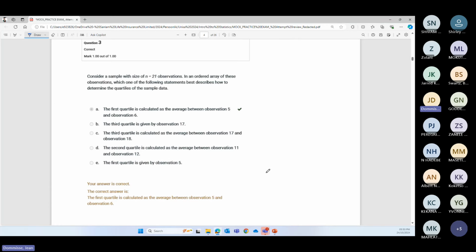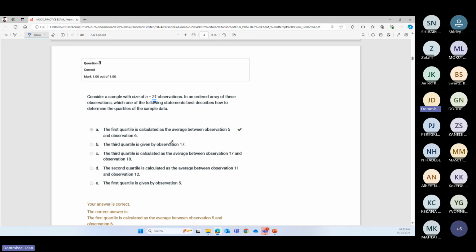Okay, so let's look at something different again to some of our other questions, around quartiles and those kinds of things. Consider a sample of size 21. In an ordered array of these observations, which one of the following statements best describes how to determine the quartiles of the sample data?